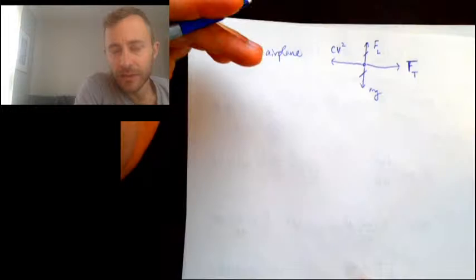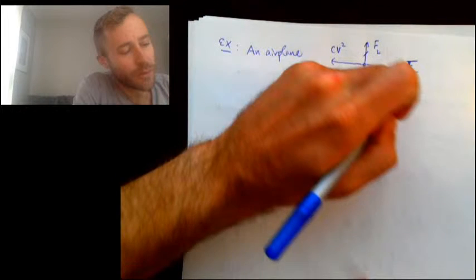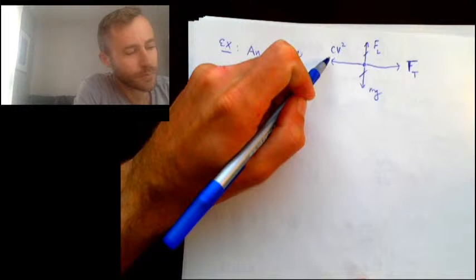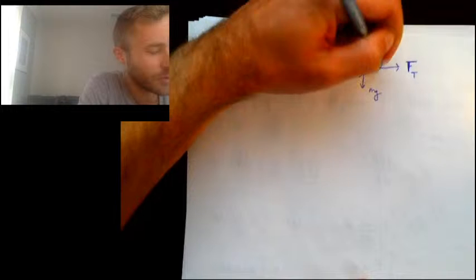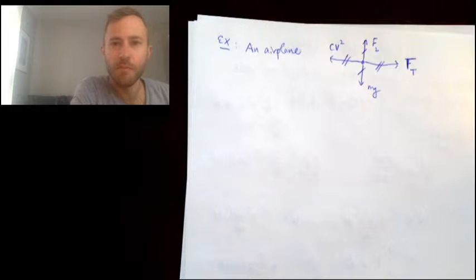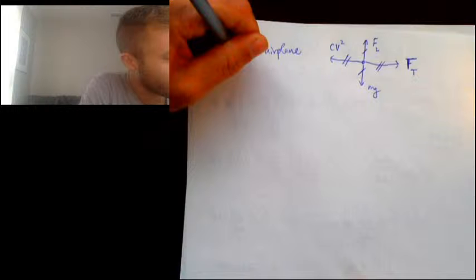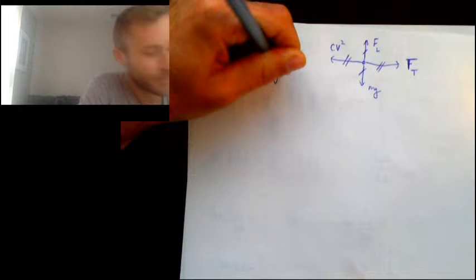If the plane is in level flight at a constant speed, then the thrust force has to be matched by the drag force. So these two also have to be equal to each other. So the thrust force has to be equal to CV squared.